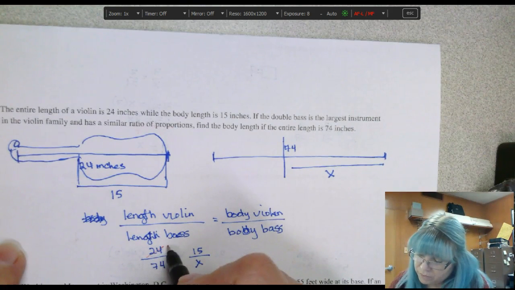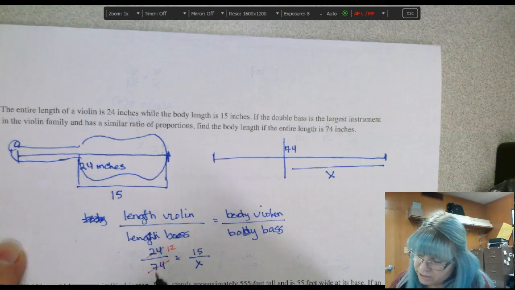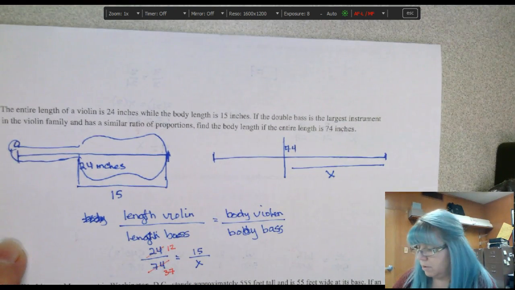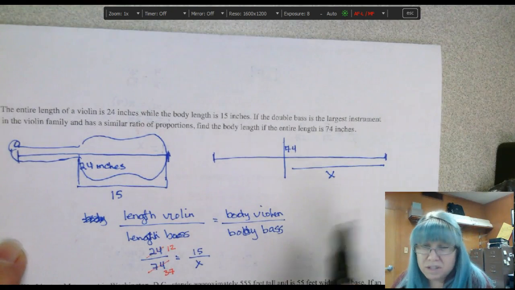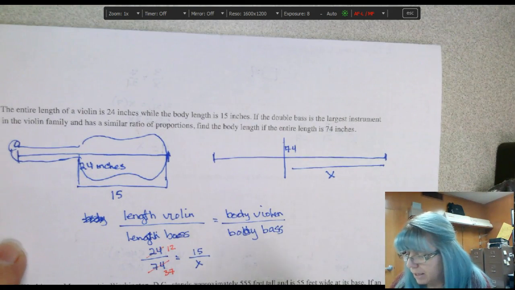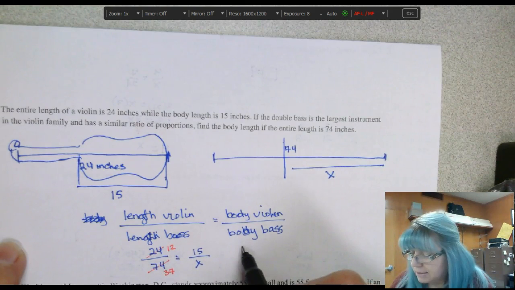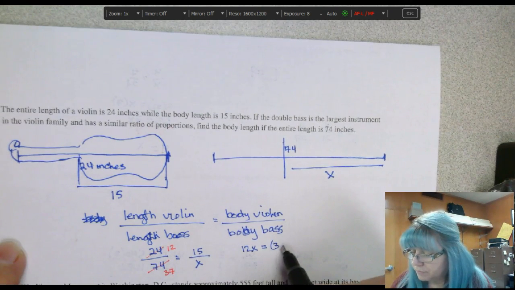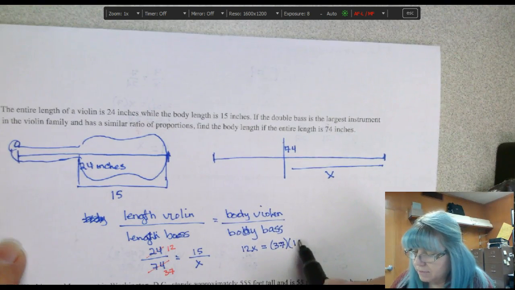Let's see. 2 goes into 24 12 times. 2 goes into 74 37 times. I'm willing to work with those numbers a little bit better. Okay, 12 times x is 12x. 37 times 15.